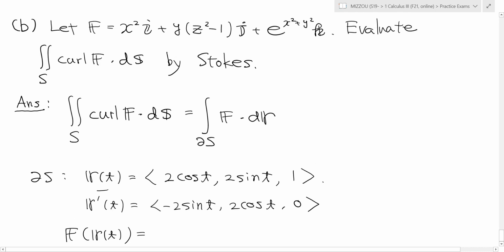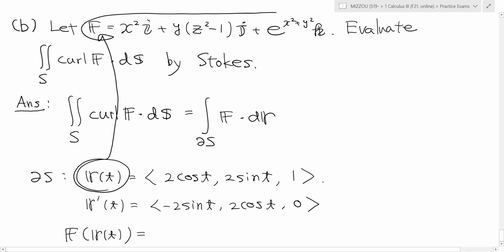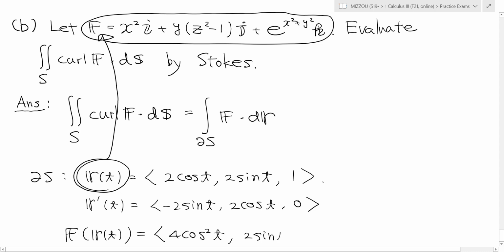So you plug r of t into this F. Plug in the parameterization. x squared, where x is 2 cosine t, so this is 4 cosine squared t. You take the square. The second term is y sine t times z squared minus 1, so this becomes 0.